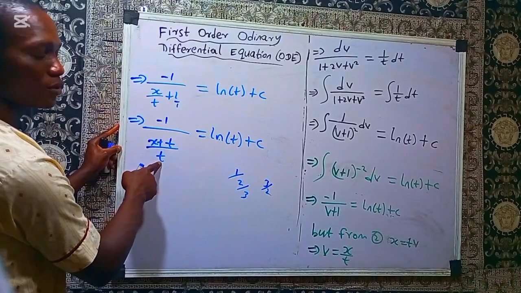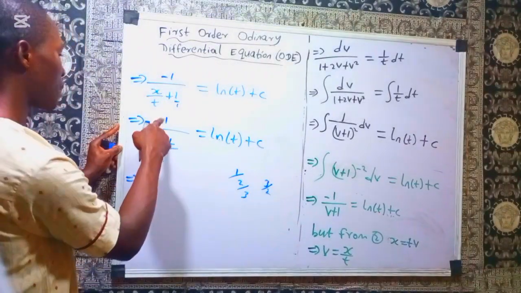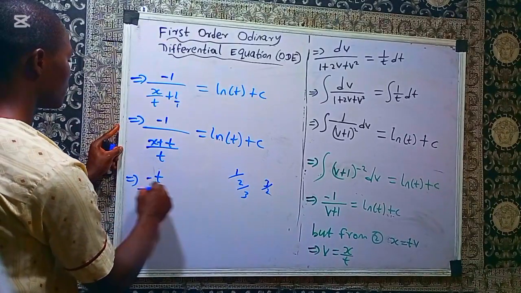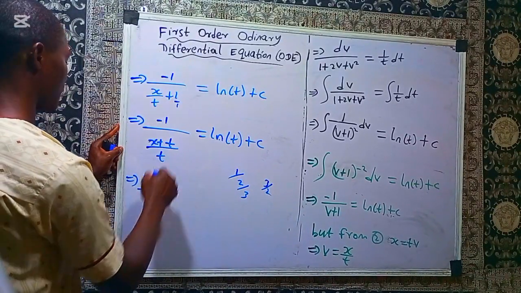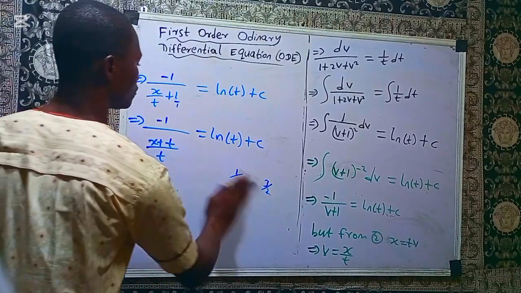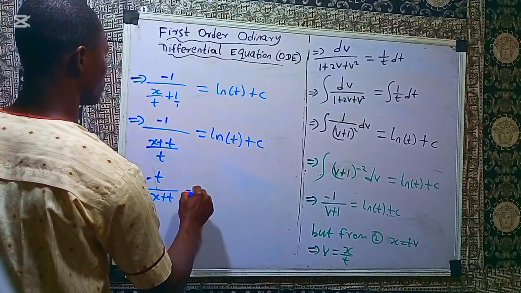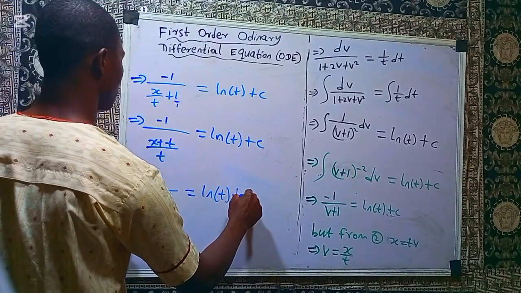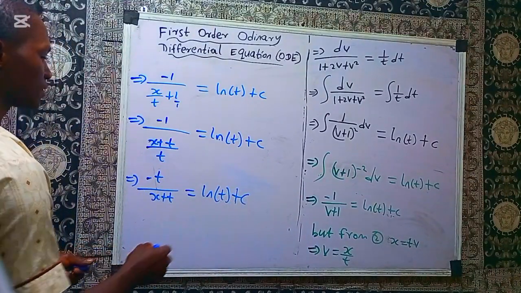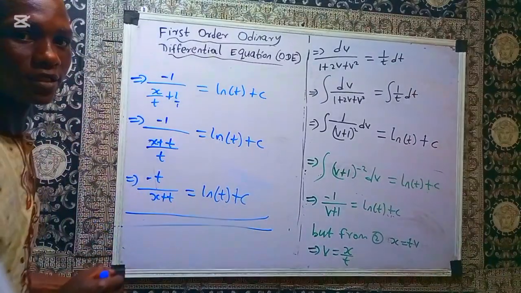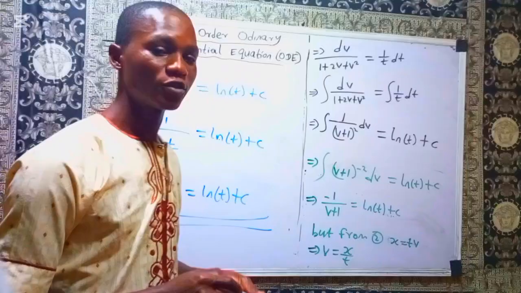So instead of t being at the denominator, t will be at the numerator. But because of this negative here, we are going to have negative t divided by x plus t. So this will be equal to ln of t plus c. This is the result we got in the solving of this problem.